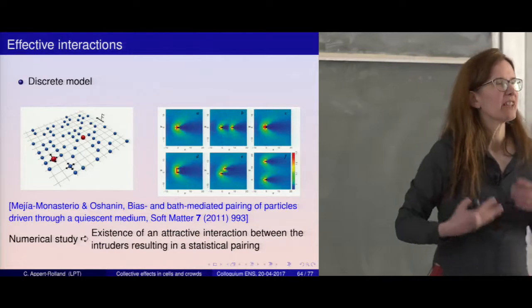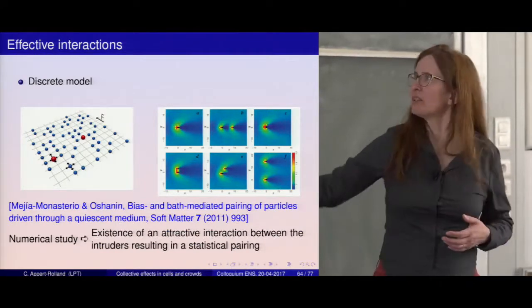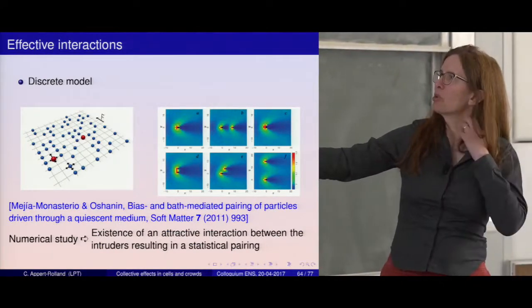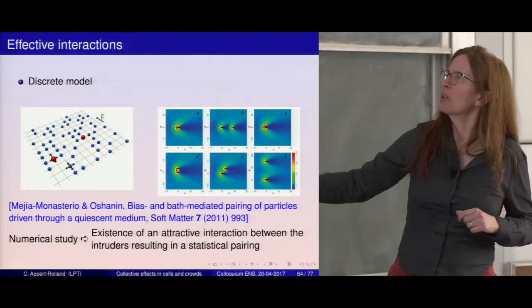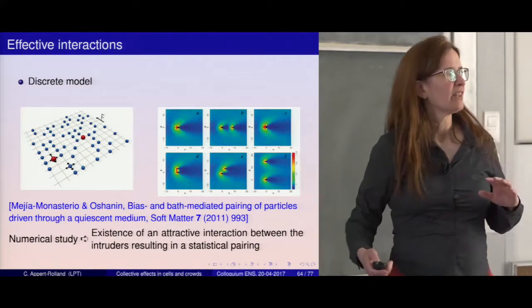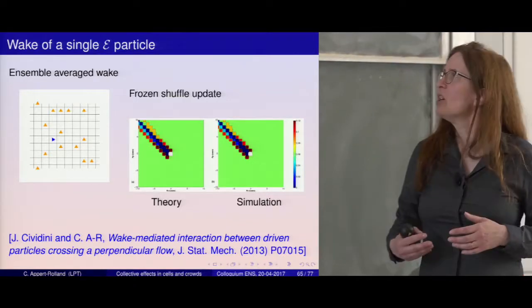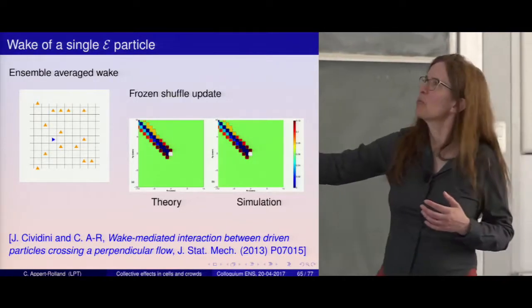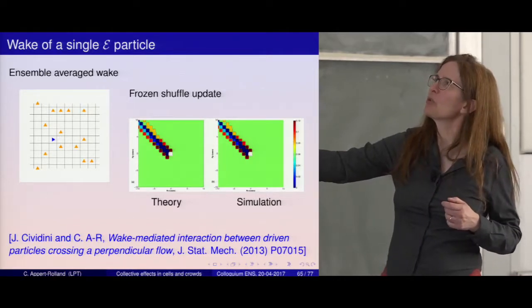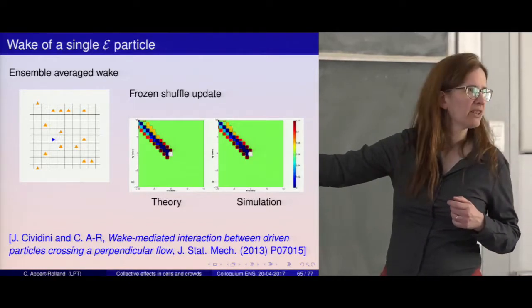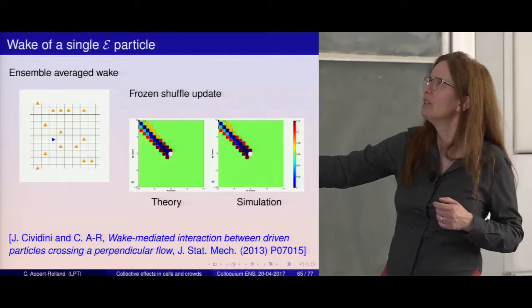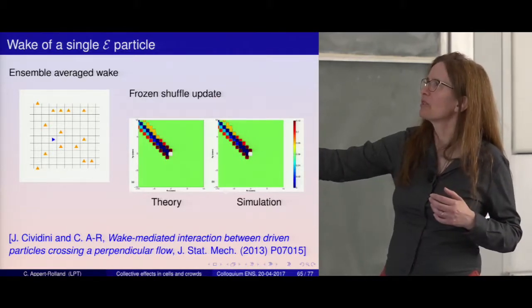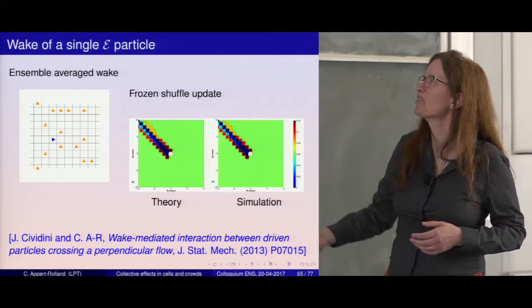And numerically, they could find that there was an attraction between the probes, but it was only numerical. In our case, as we have a very simple dynamics, we can do things exactly. So we can, for example, if we have one blue particle, we can compute the average weight of this particle. Of course, it's exact, so the theory and simulation match, no surprise.